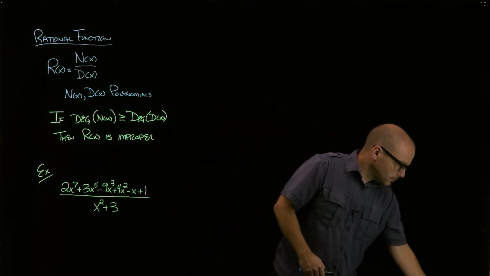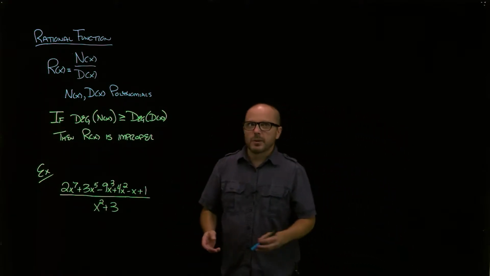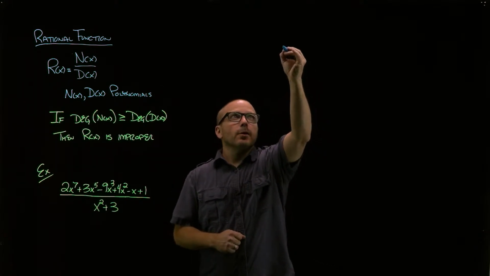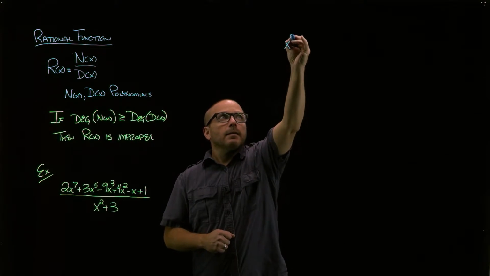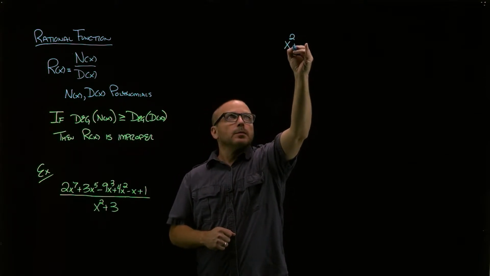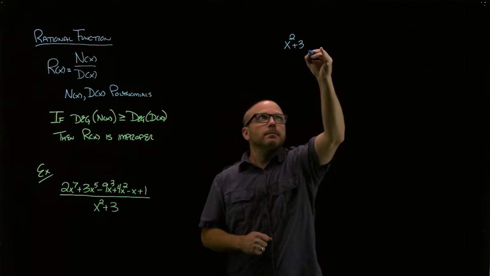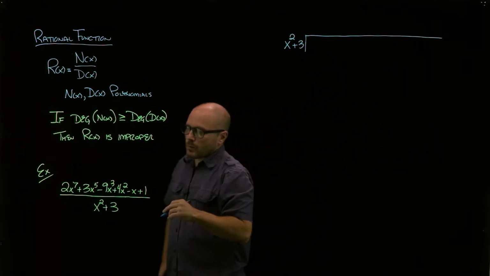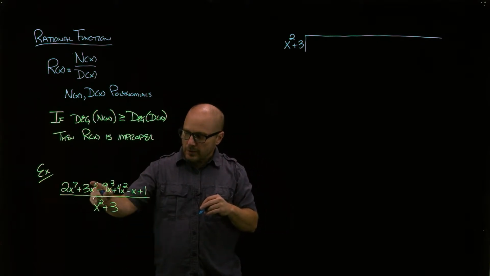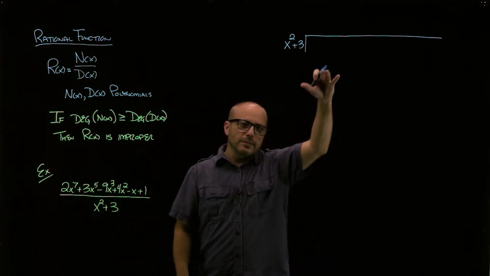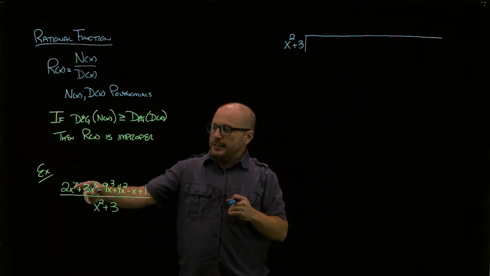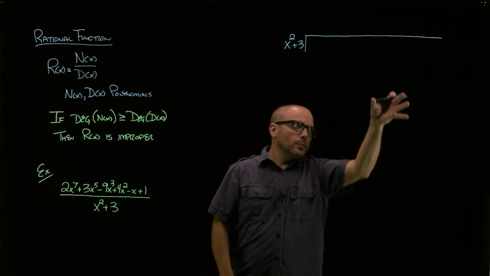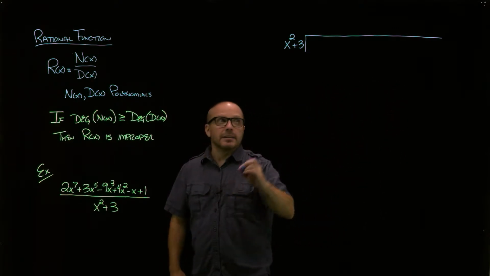So we write it out just like we would be doing division on numbers in our long division format here. X squared plus 3. And the degrees of the terms end up being like the place values for numbers. So remember, anytime we skip a degree in here, I'm going to put in a 0 as a placeholder. So when I do my division, there's a place for everything there.